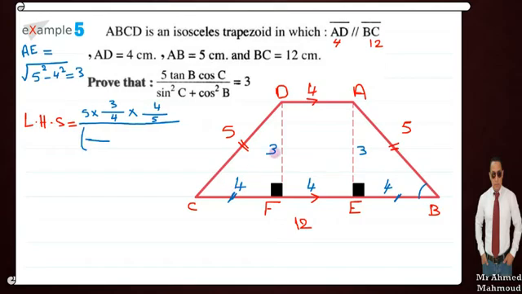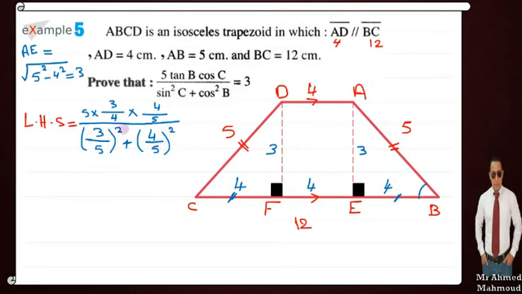Sine C equals opposite over hypotenuse, which is 3 over 5, all to the power of 2, plus cosine squared B. Cosine B equals adjacent over hypotenuse, which is 4 over 5, all to the power of 2.